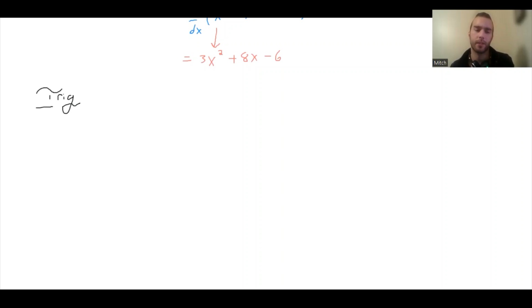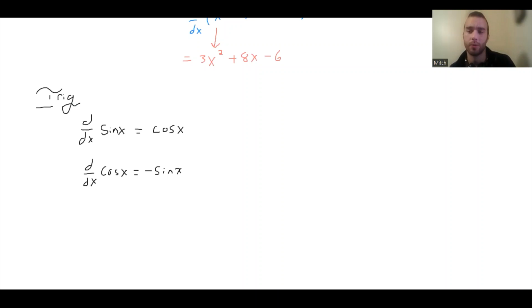The derivative d by dx of sine x is cosine x, and the derivative of cosine x is negative sine x. So just remember that the derivative of cosine gives us negative sine x, and the derivative of sine is cosine.